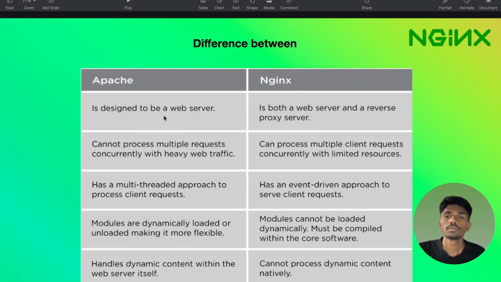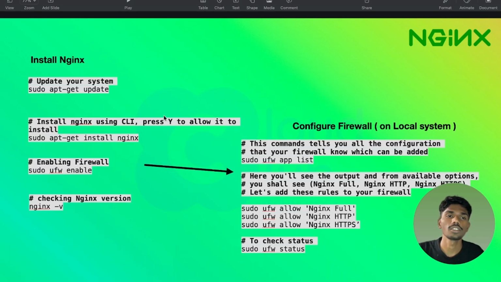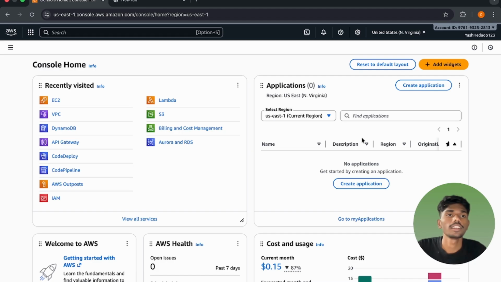So that's it for the theoretical concepts. Let's create an EC2 server, install Nginx on the web server, and run our first website on the server. Let's move on to the practical session. Make sure you have an AWS free tier account accessible on your machine.